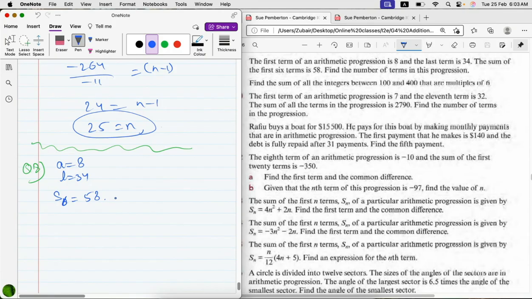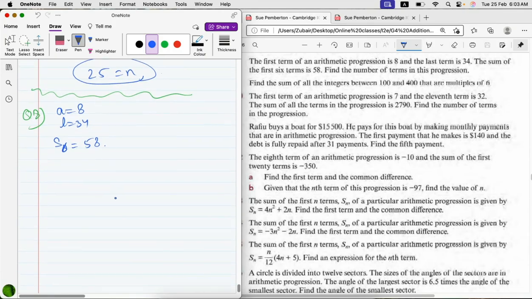I'm just using S6 to find the value of D. Sn is equal to n by 2, 2a plus n minus 1 into D. So sum of 6 terms is given 58, n needs to be 6, a is given, that's 8, 6 minus 1 is 5, and we can figure out D.